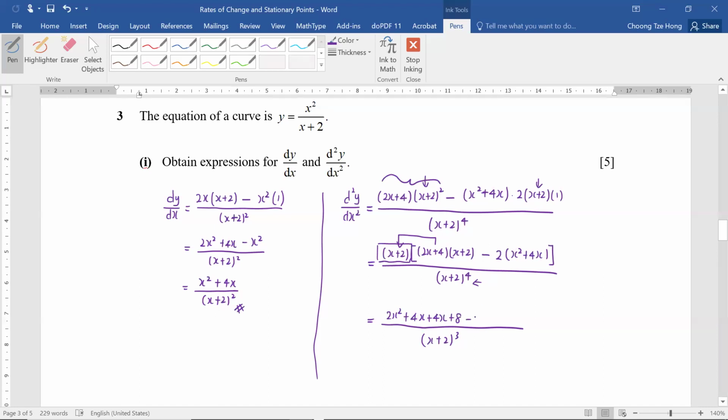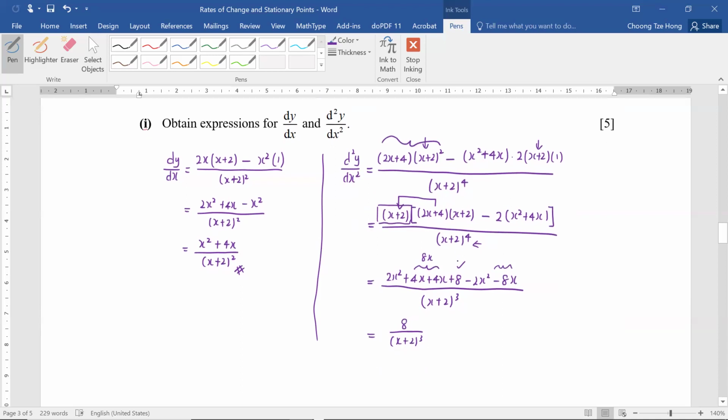Then expand this negative: minus 2x squared minus 8x. So the 2x squared and the 2x squared will subtract itself away. Same thing for this 4x plus 4x, you get 8x, so it subtracts away with this 8x. In other words, you are just left with this 8 on top already. So 8 over (x plus 2) cubed. So this would be your d2y/dx squared.